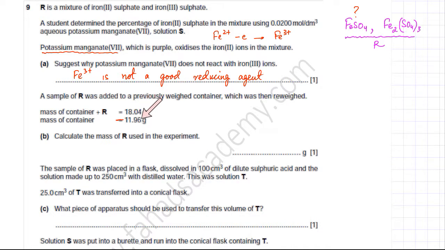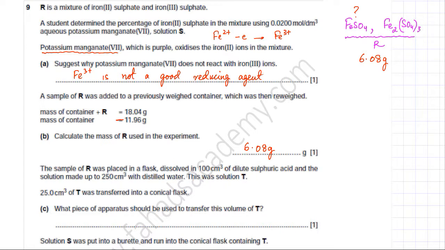You're going to subtract the two values, and using my calculator, the value that I'm getting is 6.08 grams. So that is the mass of R. So let's write down the mass of R over here as well. The mass of R that's being used is 6.08 grams.